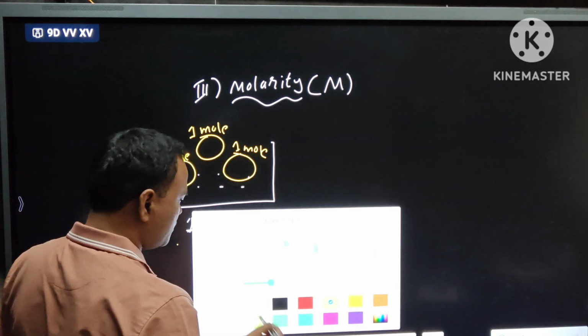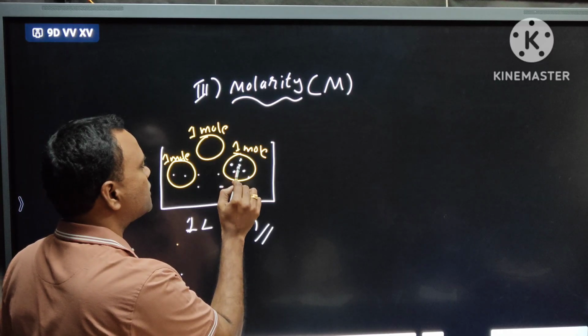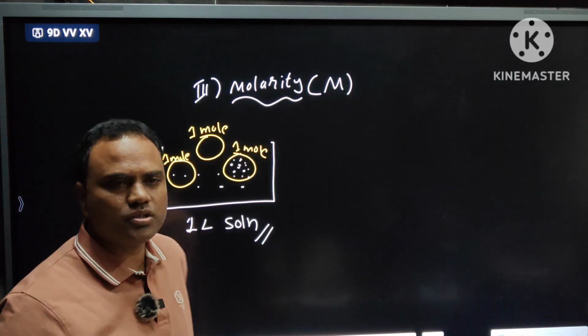What is the meaning of this? 1 mole means inside the sphere, how many particles will be present? 6.023.